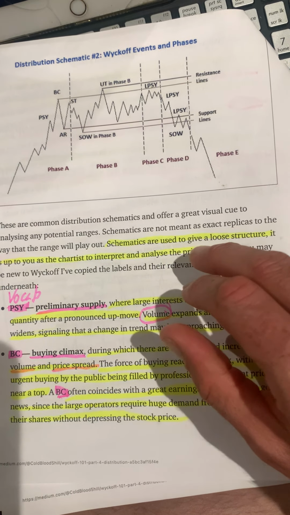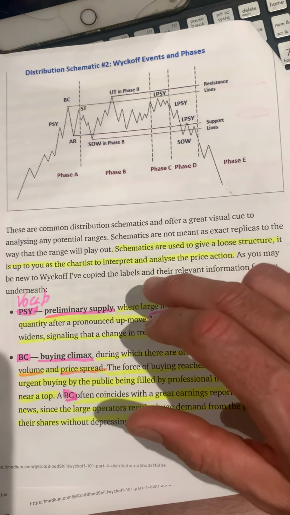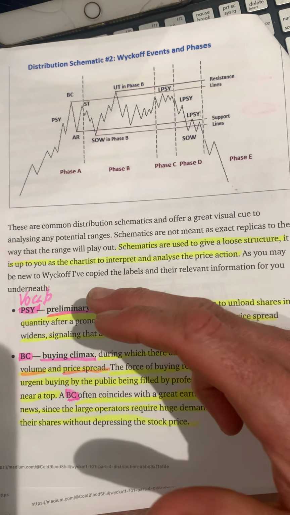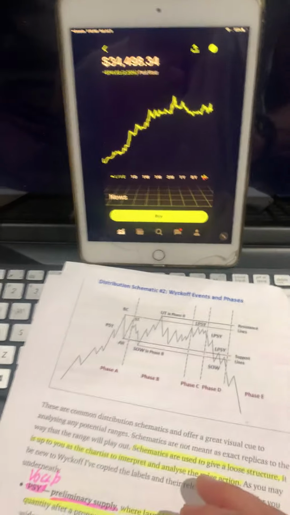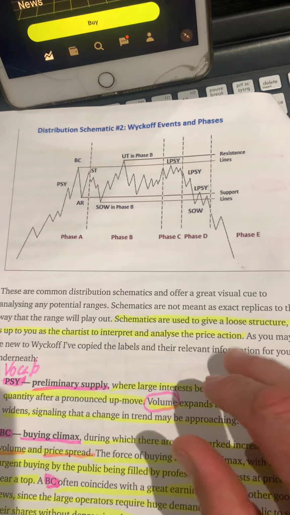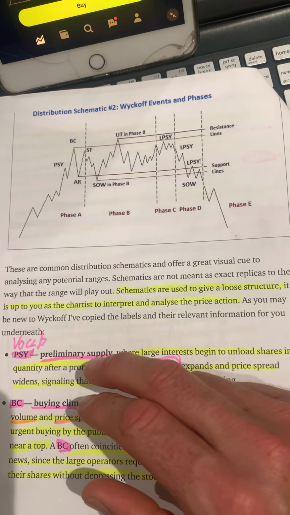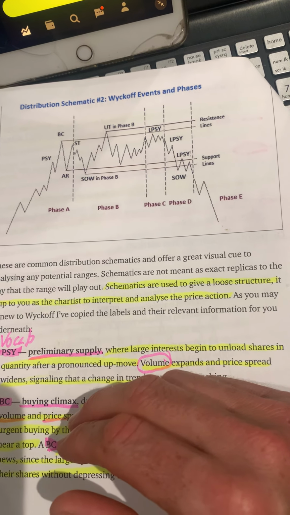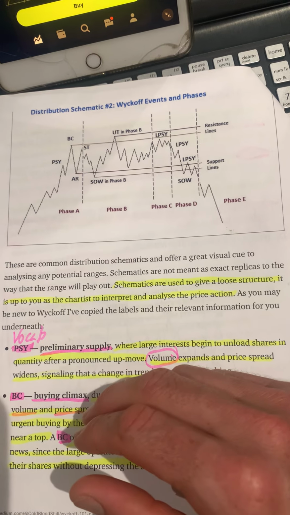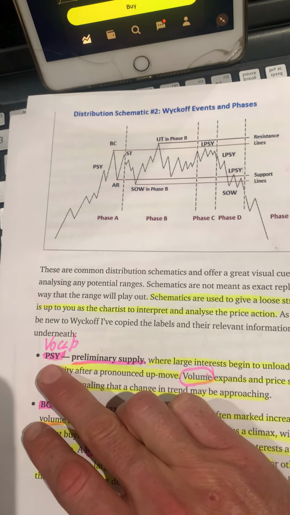They give a loose structure, and then it's up to you to be a chartist to interpret and analyze what is going on. As you may be new to Wyckoff, I've copied the labels and their relevant information for you underneath. So here's the vocab words, okay?